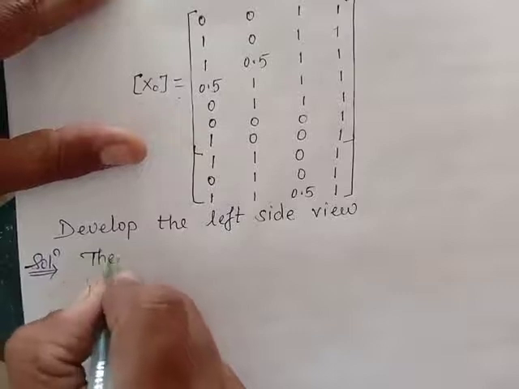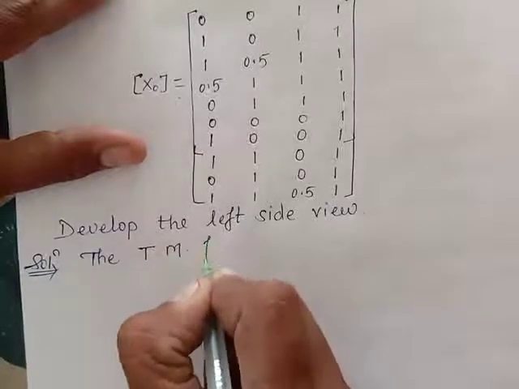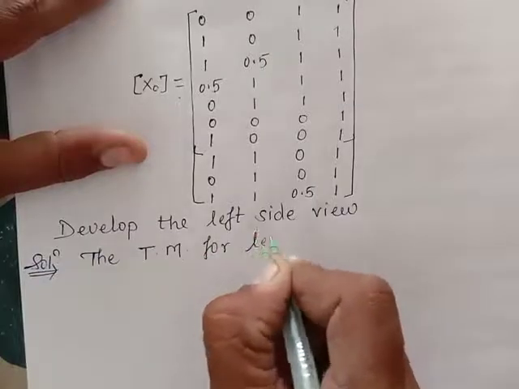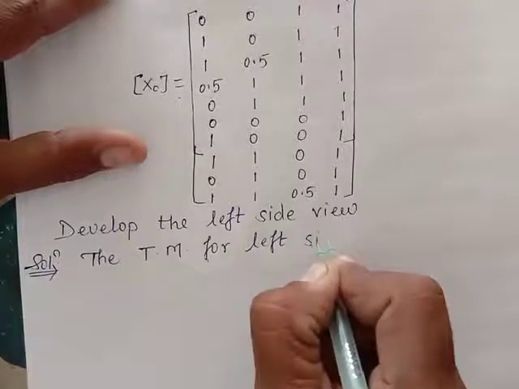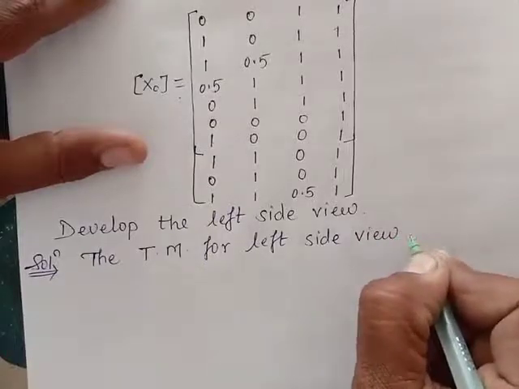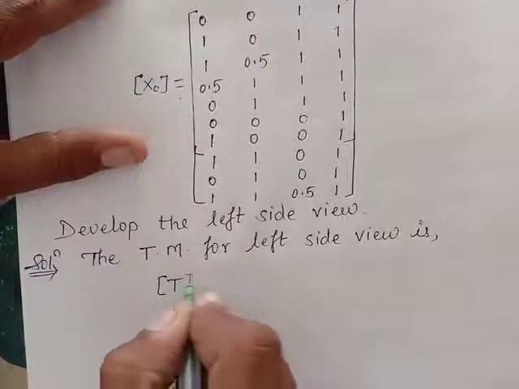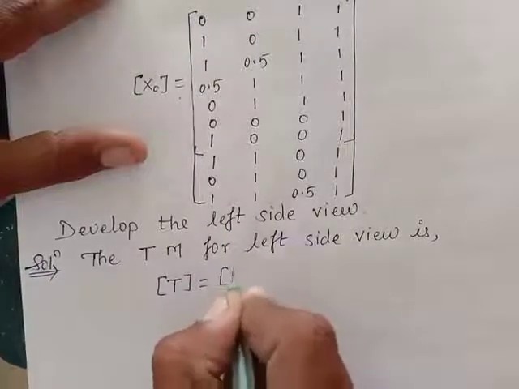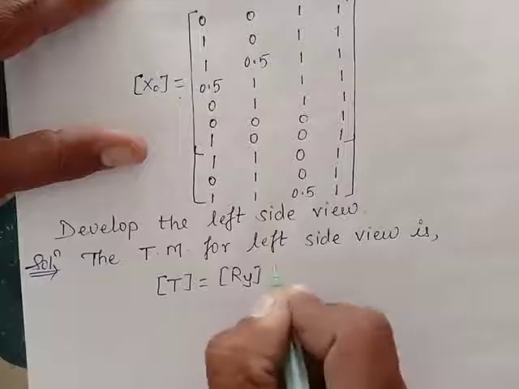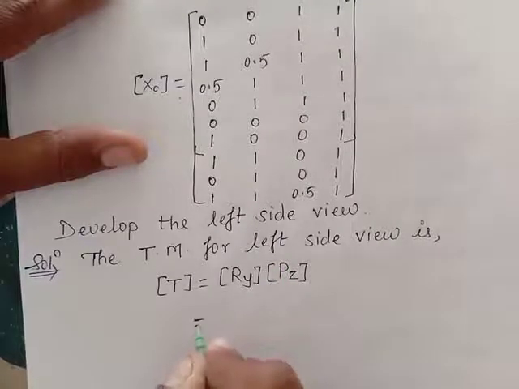The transformation matrix for left side view is, what does that? It will be T is what? Rotation through y-axis into Pz.